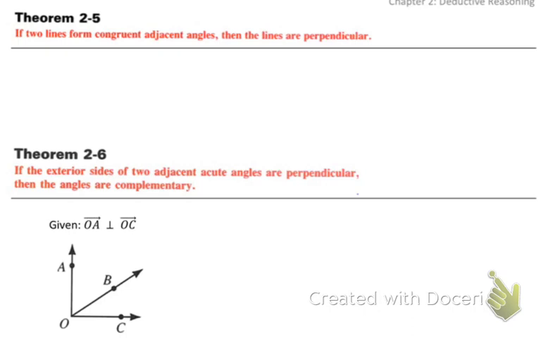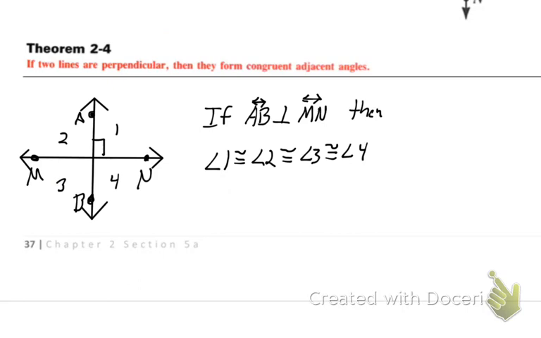All right, theorem 2.5: if 2 lines form congruent adjacent angles, then the lines are perpendicular. This is just the reverse of 2.4. So what 2.4 says, if they're perpendicular, then they're all congruent. The next one says, if you have 2 intersecting lines and all of your angles are congruent, it must be perpendicular.